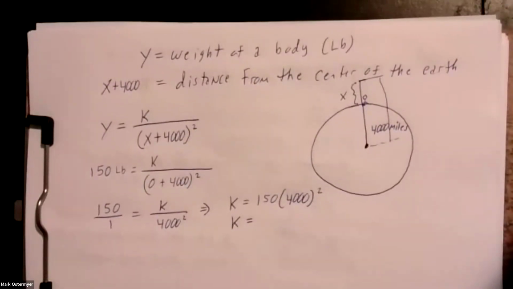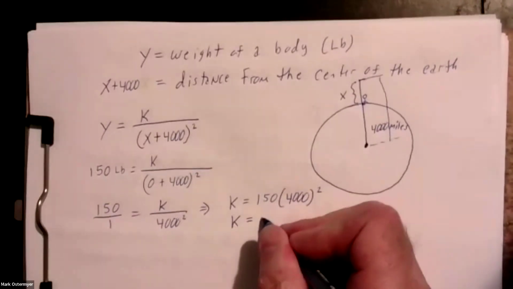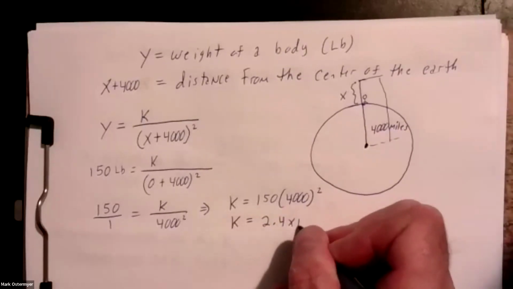So let's get on our calculator and see if we can dial this up. 150 gets multiplied by 4,000 squared, which is a big number. That's going to be 0.4 times 10 to the what power?